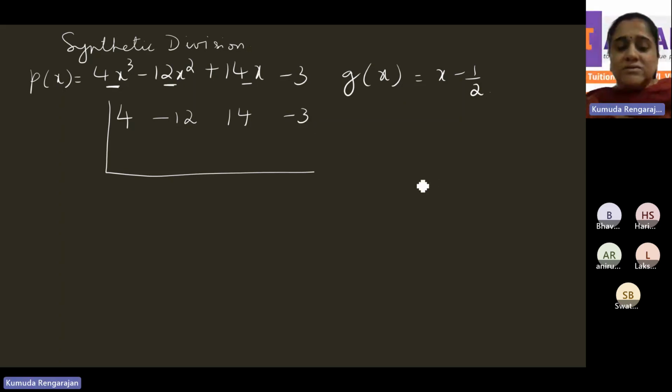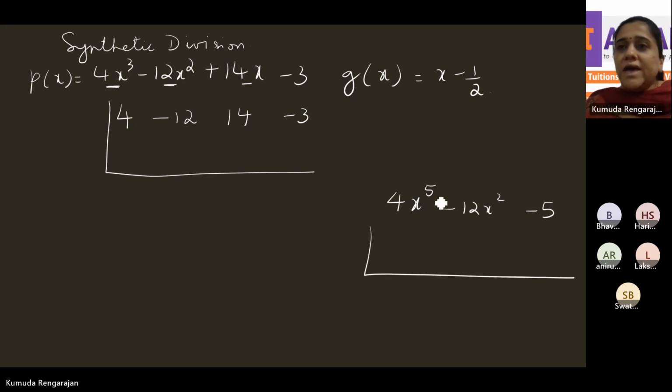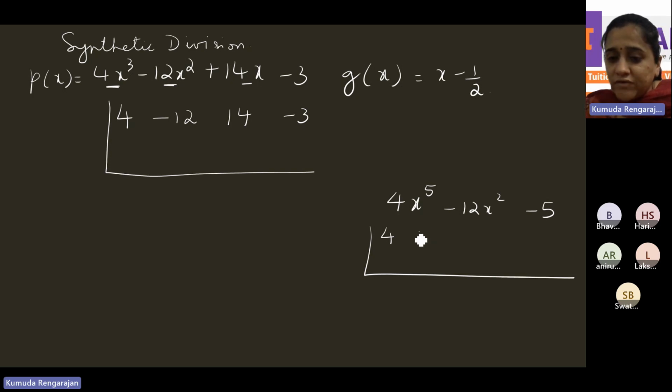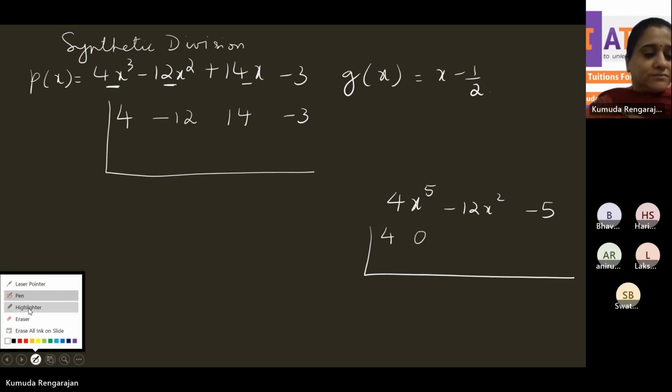Now, supposing the dividend is 4x to the power 5 minus 12x squared minus 5. Then for x to the power 5, the coefficient is 4. Then x to the power 4 is not there.